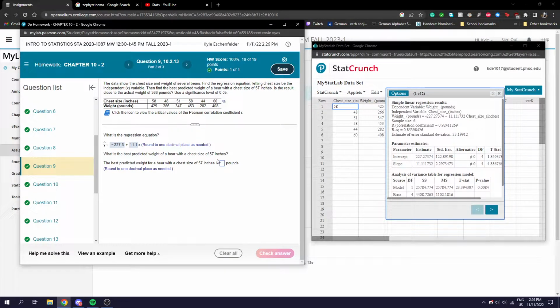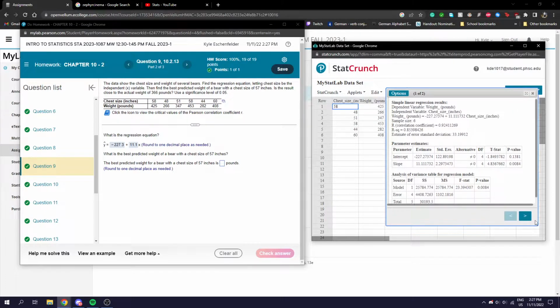Okay, and to find the predicted value whenever you find something like this, let's see if I can remember. This is where the paper the professor gave and what I wrote down come in. Basically, look at the p-value, this one.